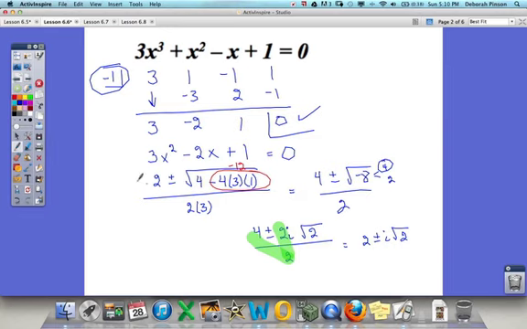Okay, I just made a mistake though. I'm making lots of mistakes on the podcast that I've done today. Let me know if you see any others in here so I can go back and fix them. This should be a 6 right here. And then I'm still going to reduce, but it's not going to reduce quite as well.